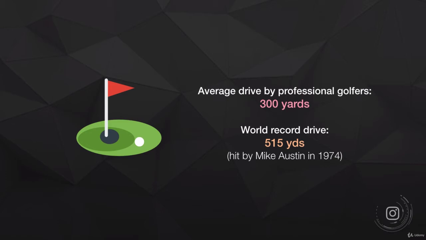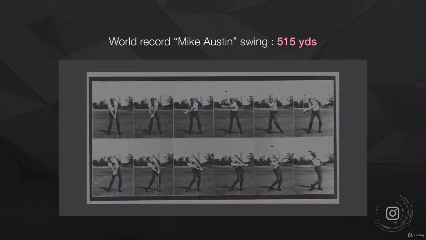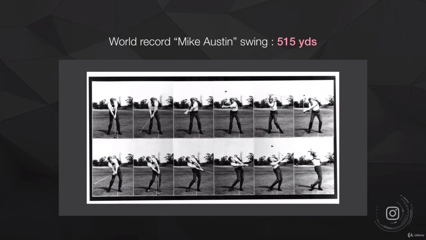And this here is an anomaly. When you look at a lot of professionals driving golf balls 300 yards, and you look at an anomaly such as Mike Austin in 1974, who hit 515 yards, you've got to be asking, what is he doing differently? How does he outperform his competition so vastly when hitting a golf ball?